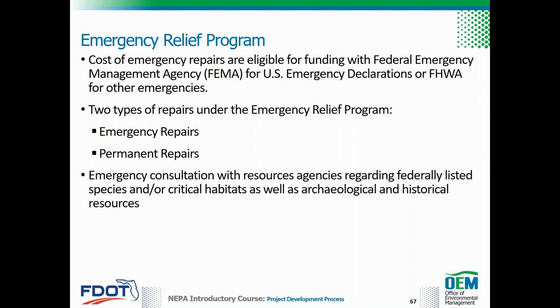Permanent repairs must have an approved federal authorization in place before any repair work is done to maintain eligibility for emergency relief federal funding. The District Federal Aid Coordinator should be contacted for additional information on the prerequisites needed to obtain an approved federal authorization.